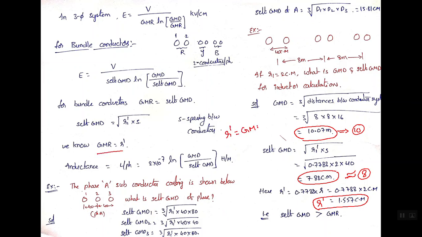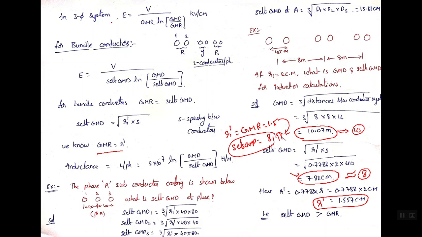This value is 1.5, and the self GMD value we got is nearly 8. That means the self GMD value is higher than this GMR.